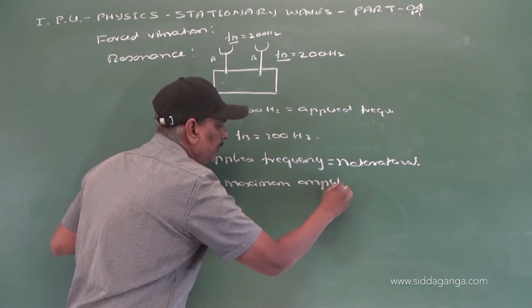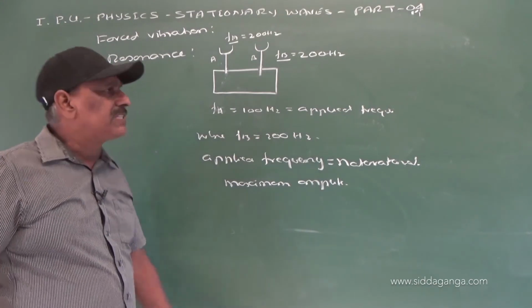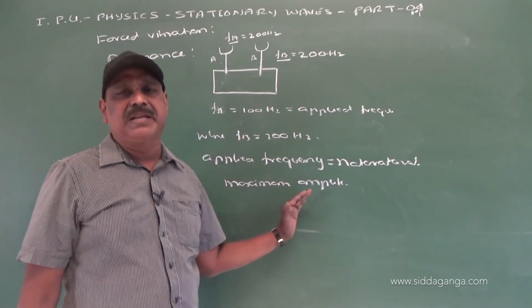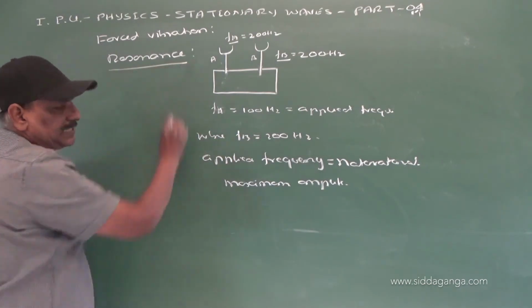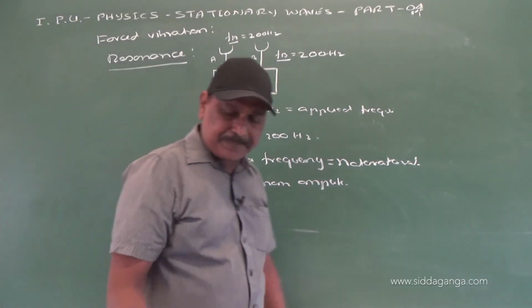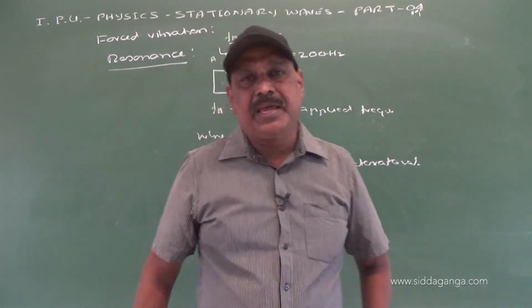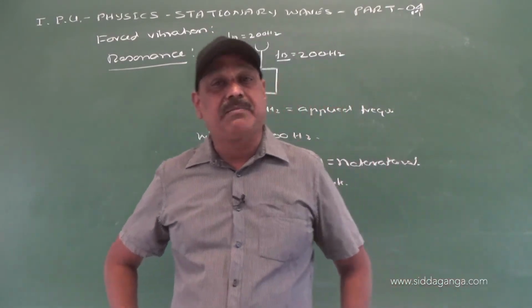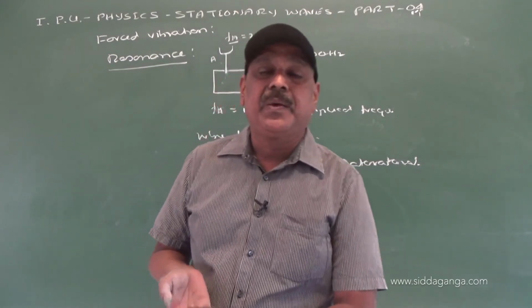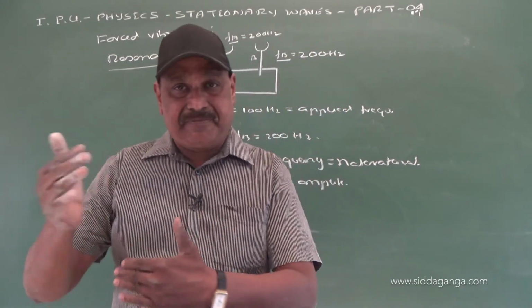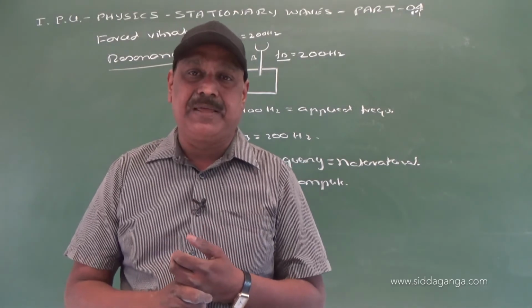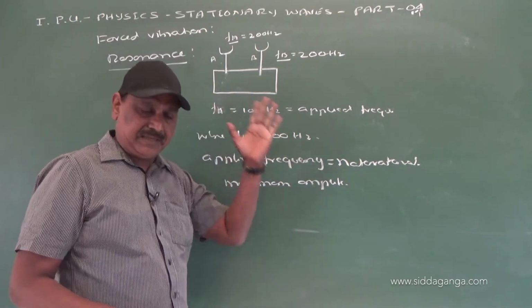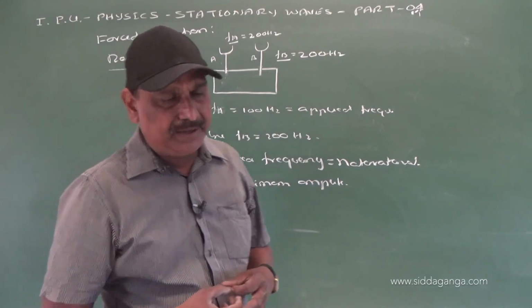Maximum amplitude. That is, a rapid transfer of energy takes place here, right? And this phenomenon is called resonance. The phenomenon in which a body vibrates with maximum amplitude when the applied frequency is equal to the natural frequency of the body is called resonance, right?